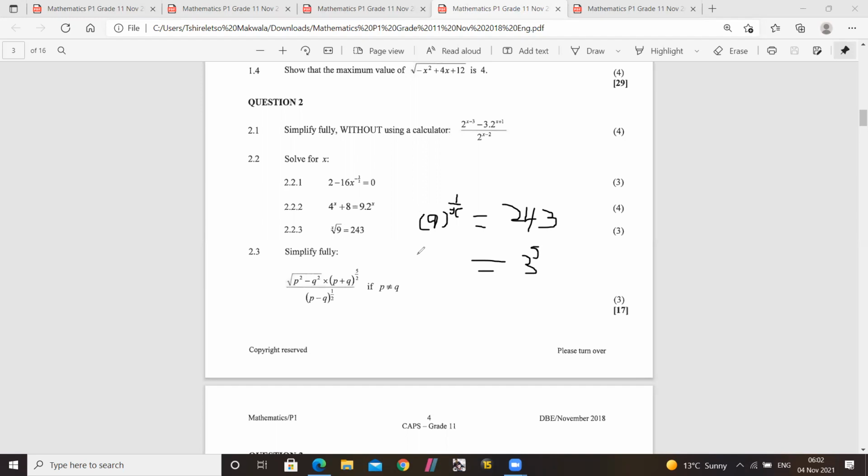Then this one is the same as 3 to the power of 2, right?